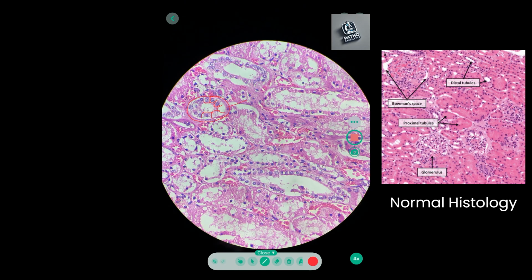So this is distal convoluted tubule and this is proximal convoluted tubule.